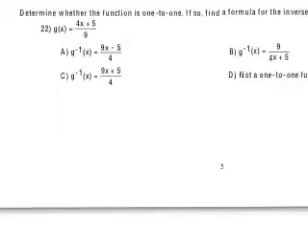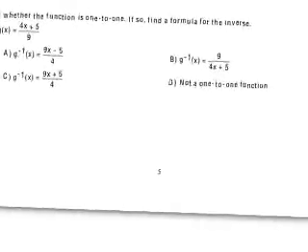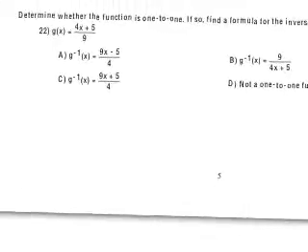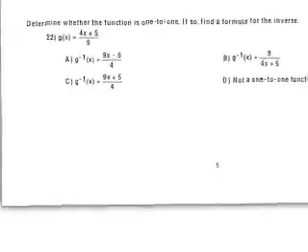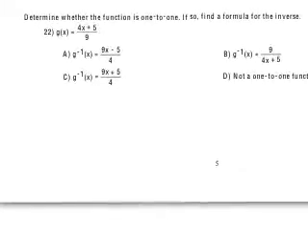They give us 3 answers that are inverse functions, and only 1 answer says not a 1-to-1 function. So chances are it's a 1-to-1 function because the author of this test wants you to find the inverse. Unless you find that there's several questions like this, but I think there will only be one.